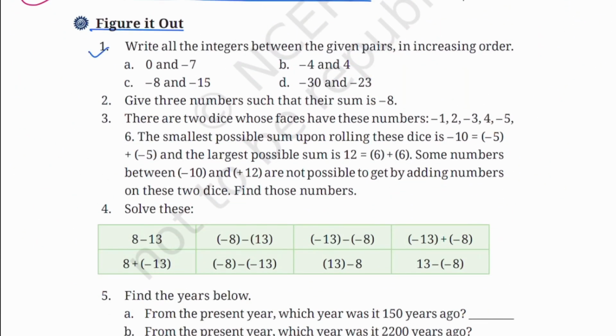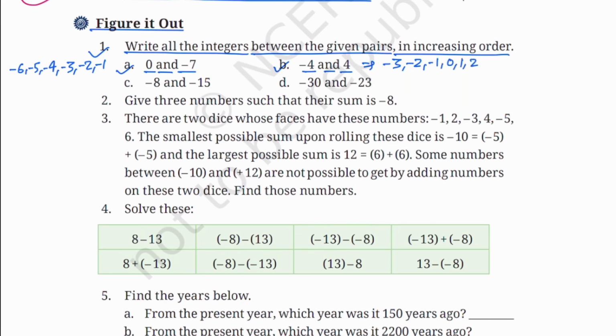Figure it out. 1. Write all the integers between the given pairs in increasing order. A: 0 and -7: -6, -5, -4, -3, -2, -1. B: -4 and 4: -3, -2, -1, 0, 1, 2, 3.